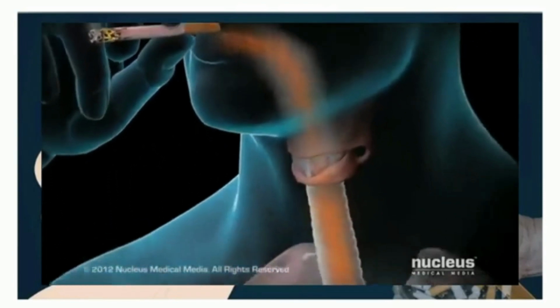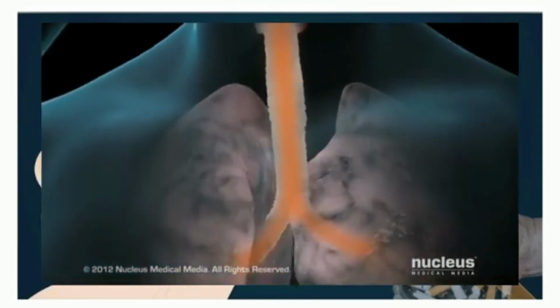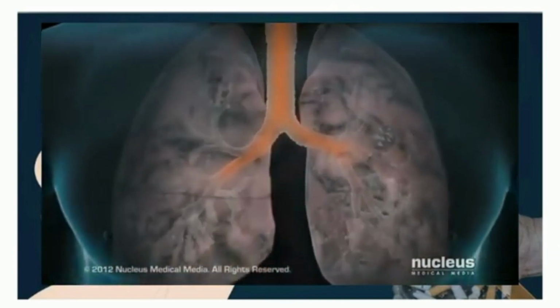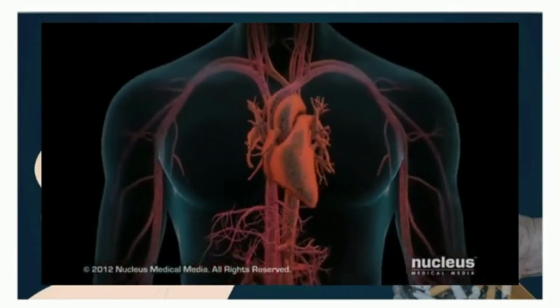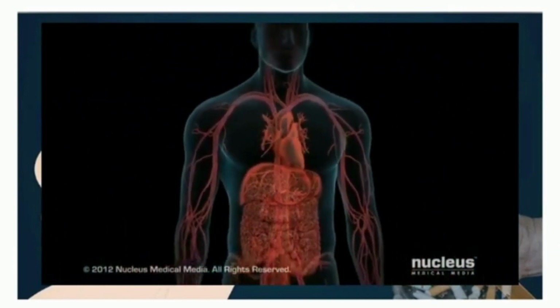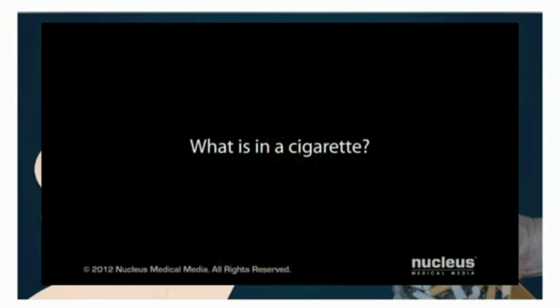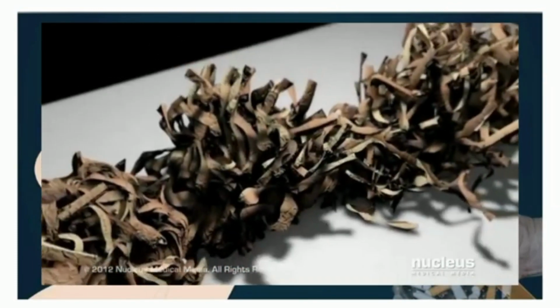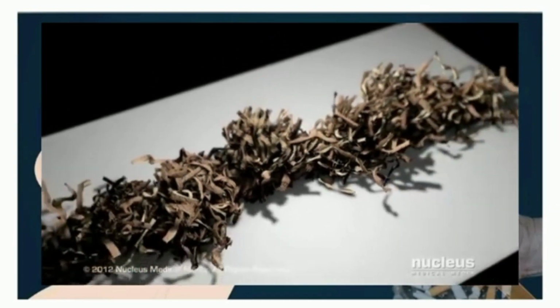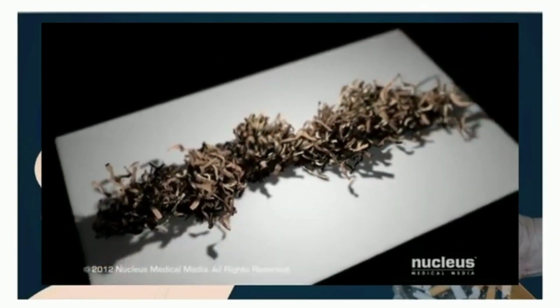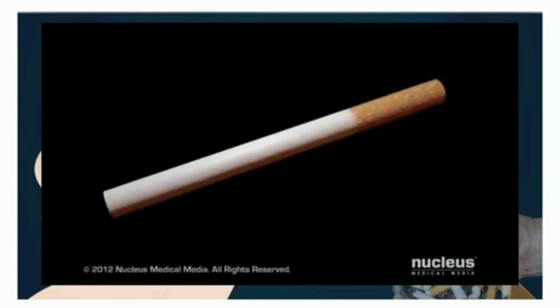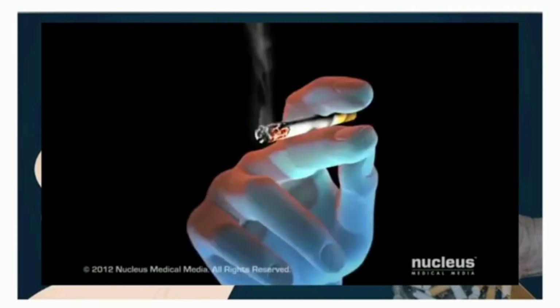Every time you smoke a cigarette, toxic gases pass into your lungs, then into your bloodstream, where they spread to every organ in your body. A cigarette is made using the tobacco leaf, which contains nicotine and a variety of other compounds.